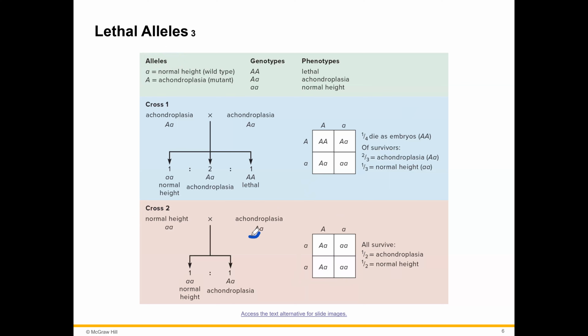We do have the allele, but we don't have the lethal genotype, homozygous dominant. So we would have 50-50, right? We will have 50% of kids who are dwarf and 50% kids with normal height. So this cross shows us, yes, this inheritance follows exactly the same pattern as Mendel predicted.